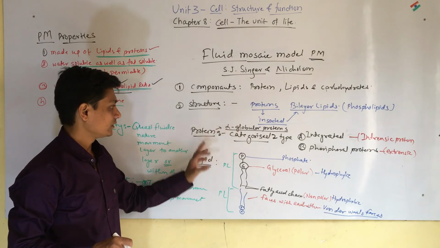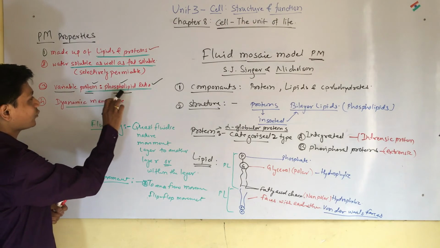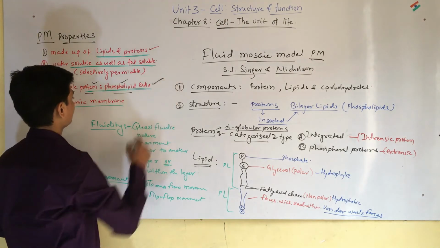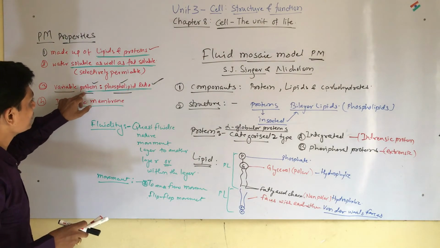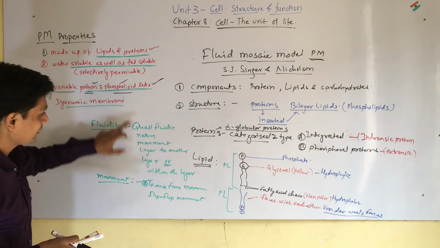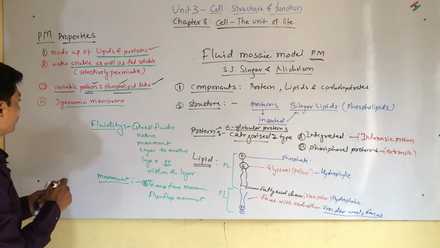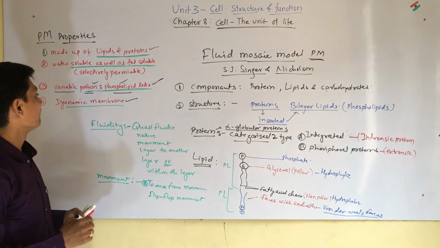So this point, variable protein to phospholipid ratio, also obeys. As the variability in the protein to phospholipid ratio is there according to the fluid mosaic model, it also shows a dynamic membrane.